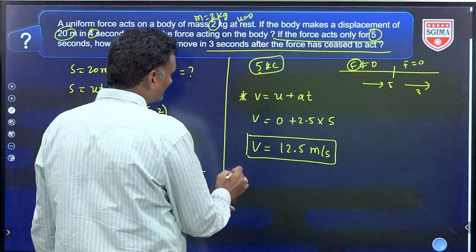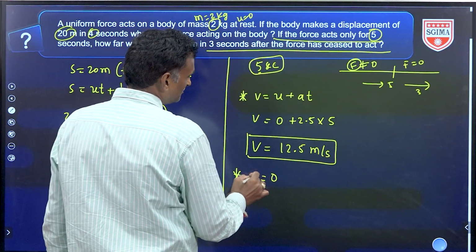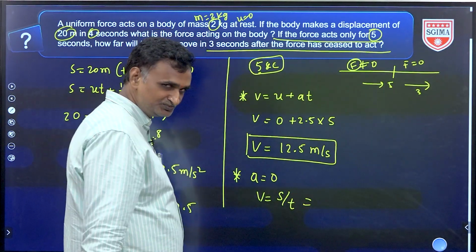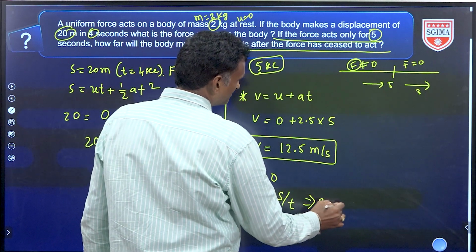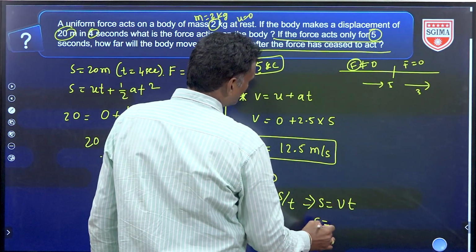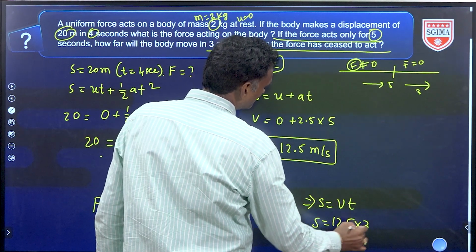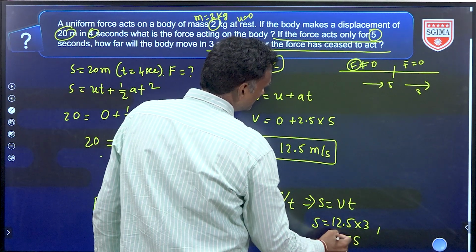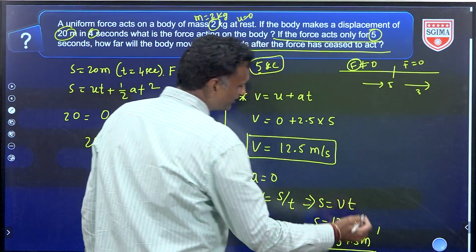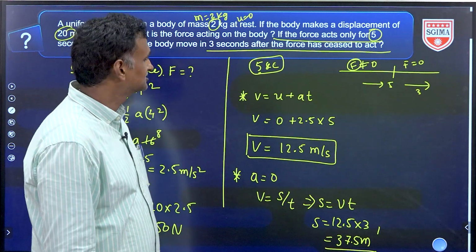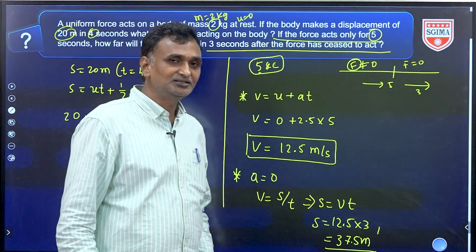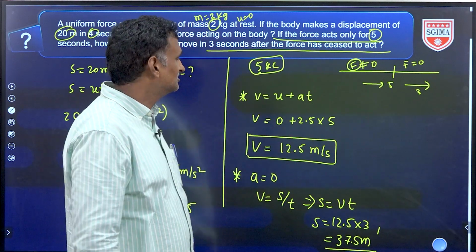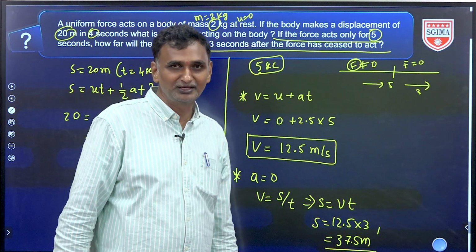So definitely acceleration is 0, then v equal to s by t you can use, that is distance equal to v into t, s equal to 12.5 into 3, so 37.5 meters will come. Okay na? So this is the distance covered by the body in the 3 seconds after the force ceased to act. This is the way we need to solve the question. Okay na? Thank you.